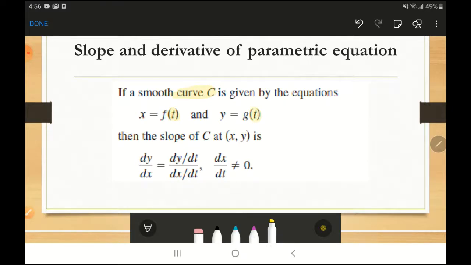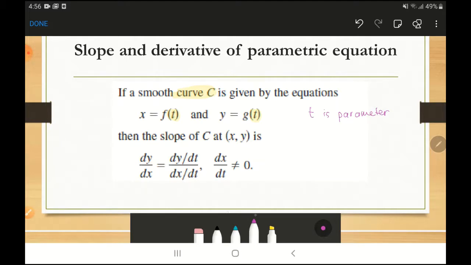Remember, t is the parameter. Then the slope of C at the point (x, y) is dy/dx, which we compute as dy/dt over dx/dt, when dx/dt is not 0.